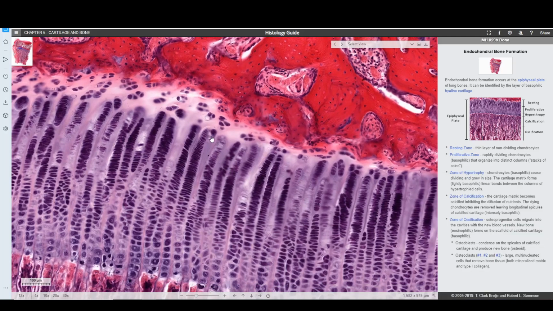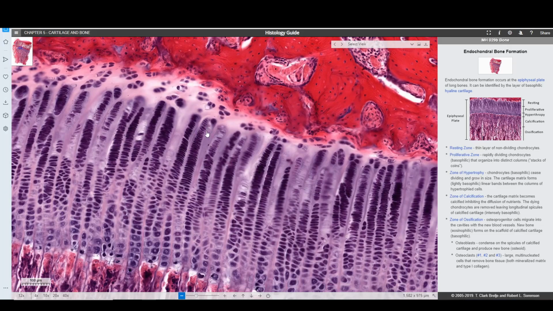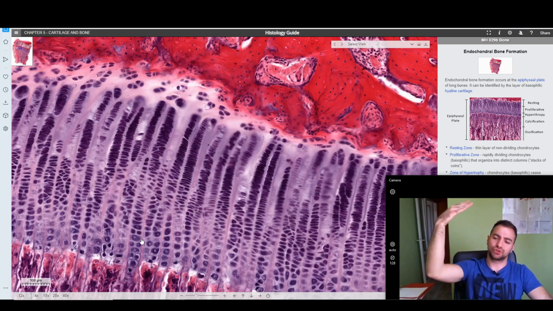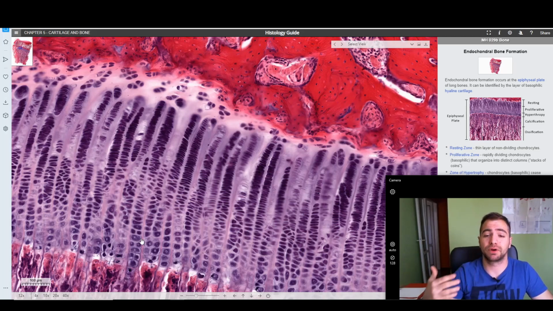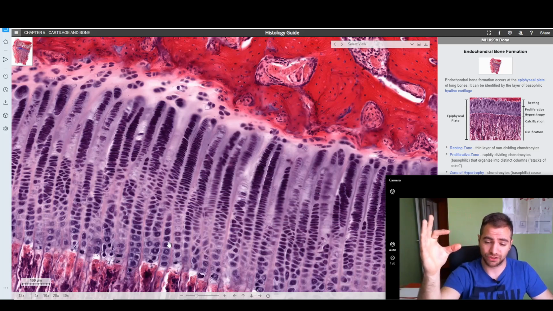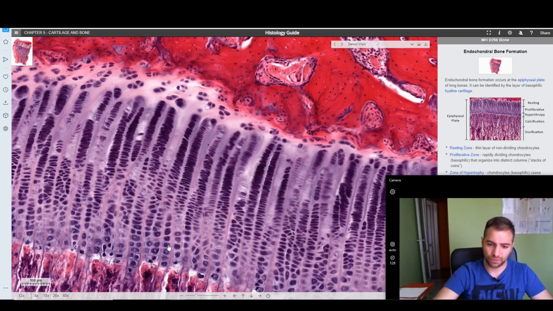So again, the proliferative zone is right here in the columns, easily seen. Then we have the zone of hypertrophy. And again, the difference between hypertrophic cartilage and calcified cartilage is the presence of nuclei. Here in the hypertrophy, we can see an enlarged space, an enlarged chondrocyte, and eventually we have the death.